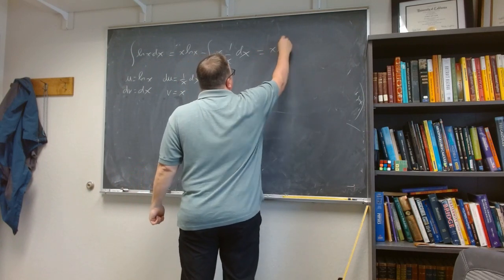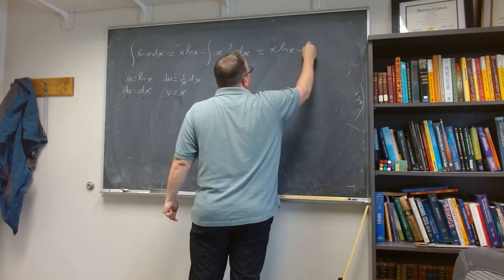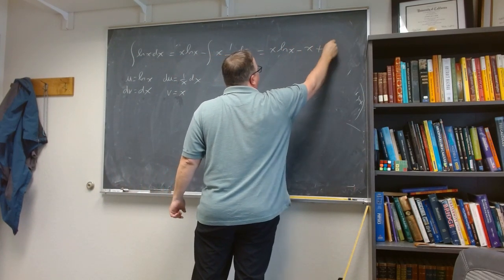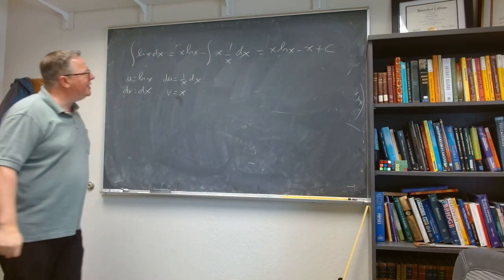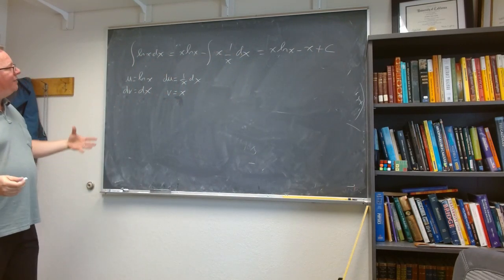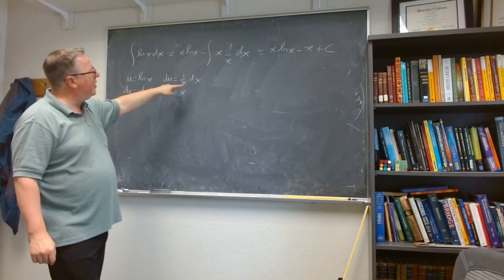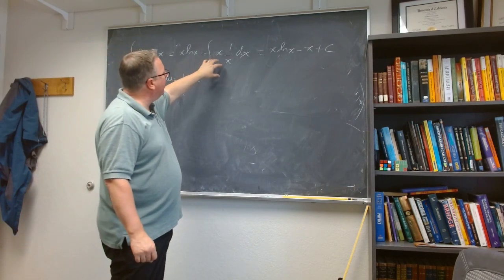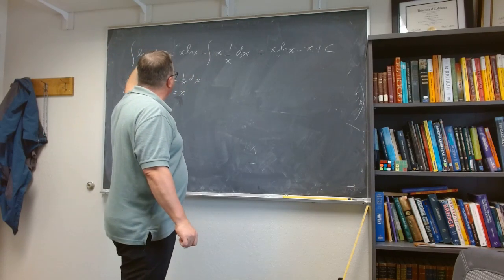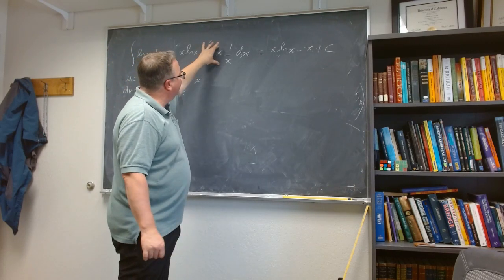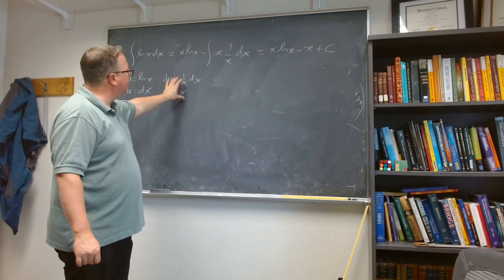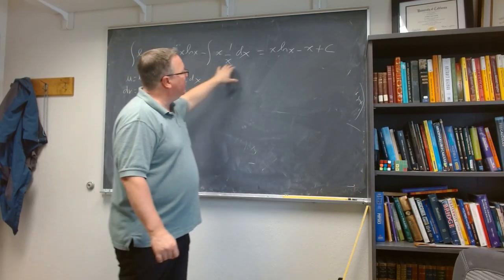So we get x natural log of x minus the integral of 1, which is x, plus c. So this is kind of a cool, clever way to find the antiderivative of natural log. By using integration by parts, we can actually get rid of the natural log by taking its derivative. And it does simplify with the 1 over x and the x. And we're able to integrate.